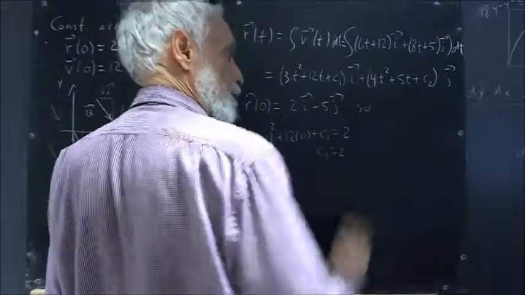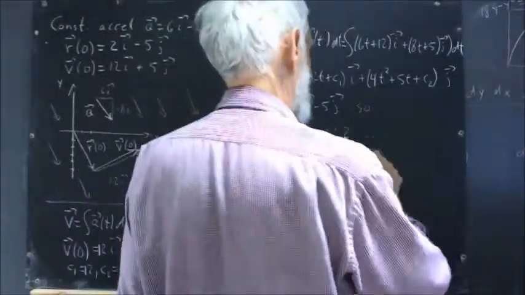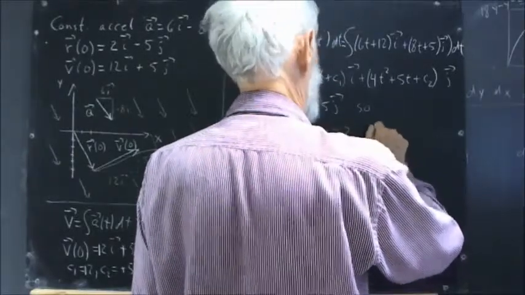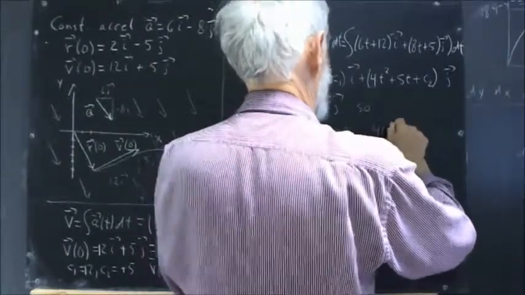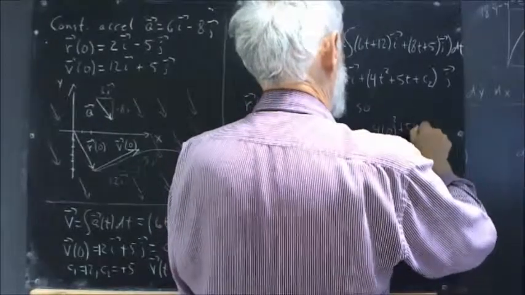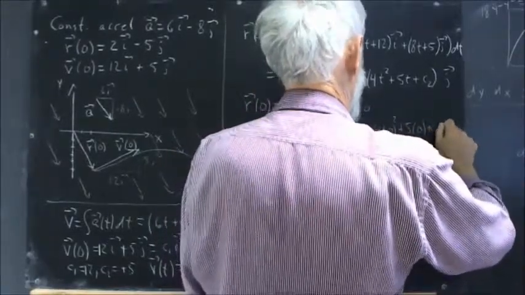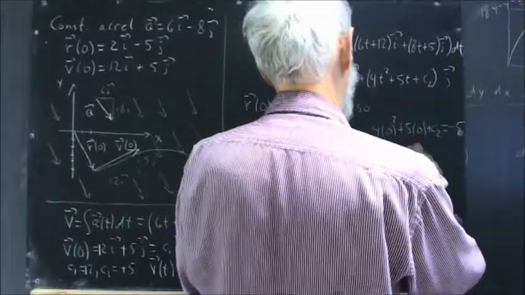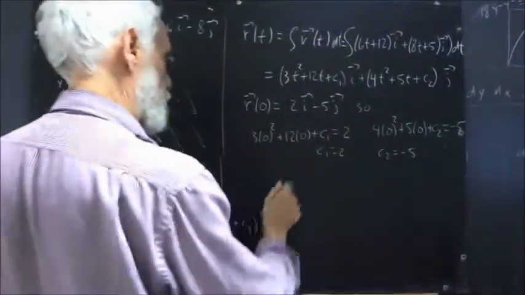And a similar step over here tells us that 4 times 0 squared plus 5 times 0 plus C2 has to equal -5, so that C2 equals -5.